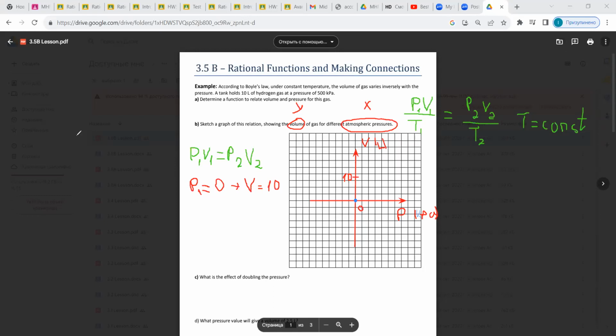This is going to be our second point. So 500,000 is going to be, let's say, somewhere here. So we have 500. Second point, and the result of this, if we multiply.